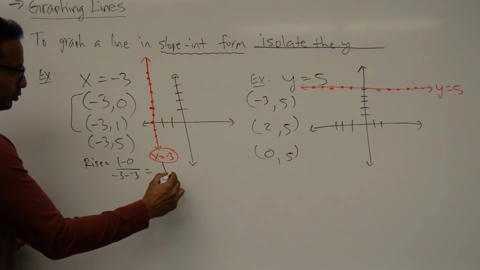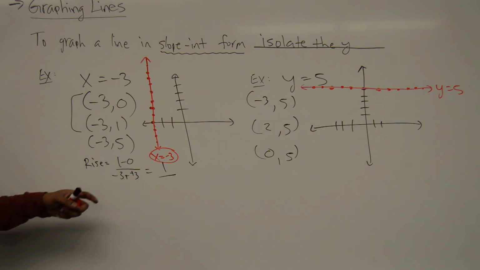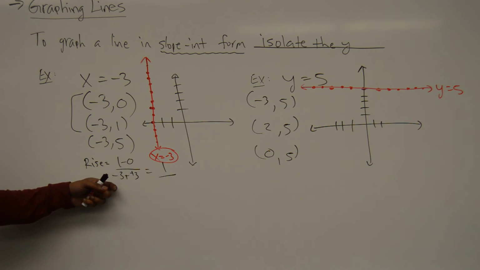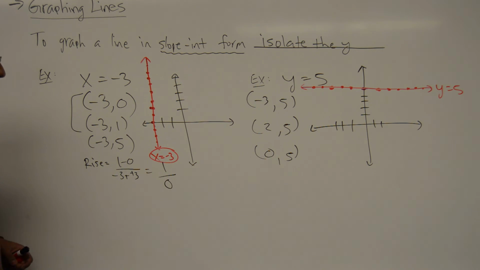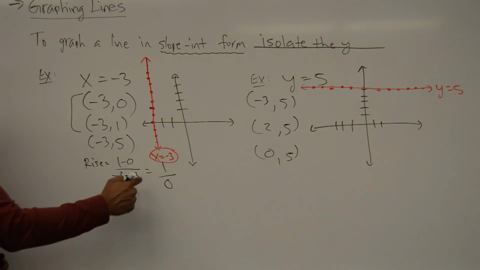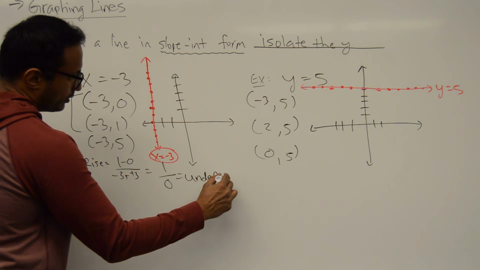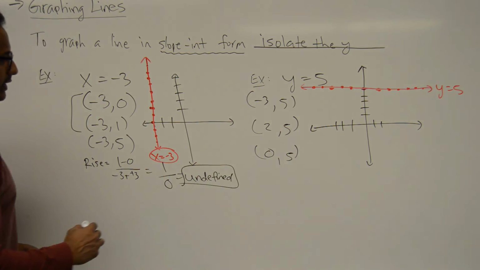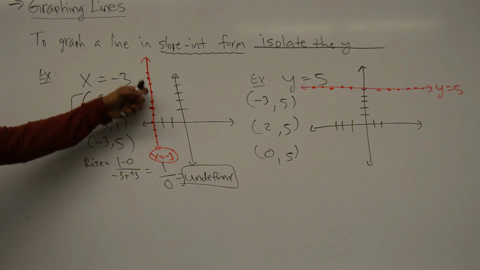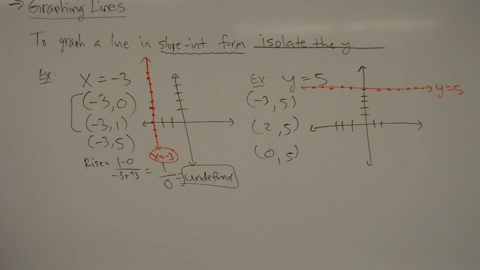So 1 minus 0 is 1. The two negatives become a positive, so this becomes -3 plus 3. Well, -3 plus 3 is 0. And if you take 1 divided by 0, this is undefined. You can't divide by 0. This is undefined. So any vertical line has an undefined slope.